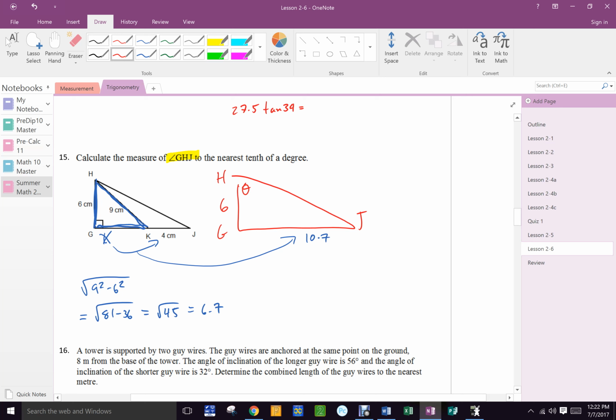Now, what do I have? I have a theta that I do not know. I have an opposite of 10.7, and I have an adjacent of 6. O and A is tan. So, since I want an angle, it's shift tan of x equals opposite, 10.7, over adjacent, 6. And I'm going to leave it there. Everybody cool?